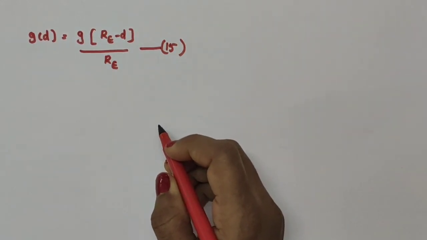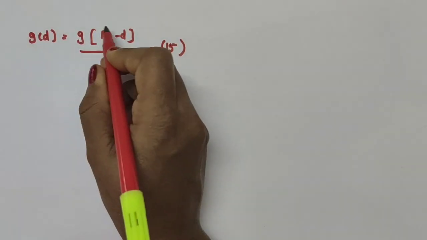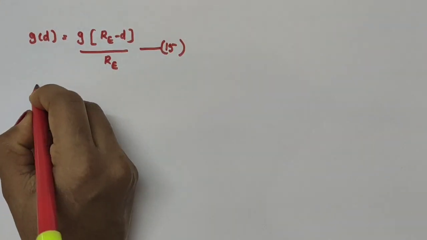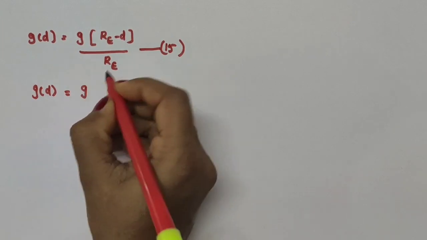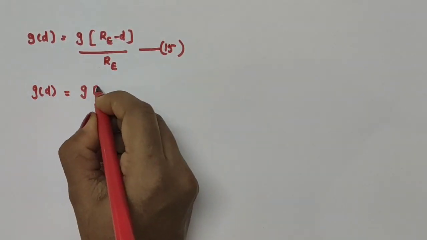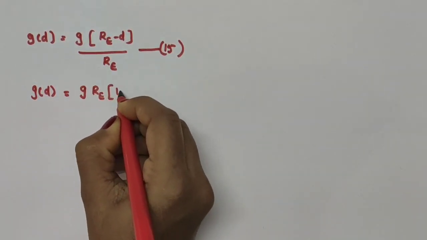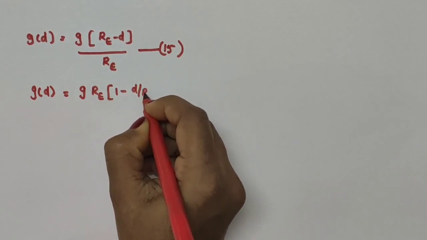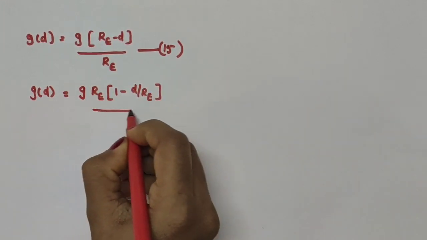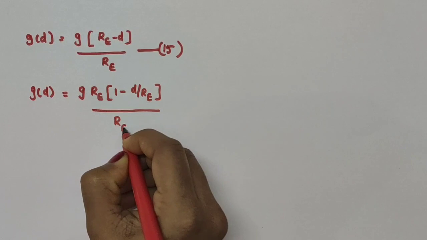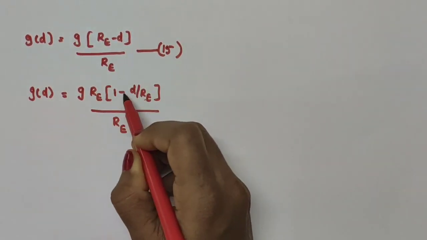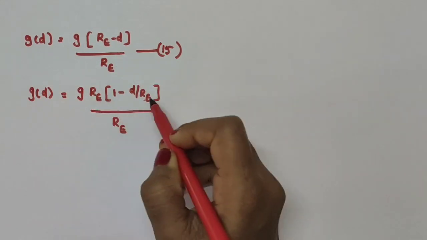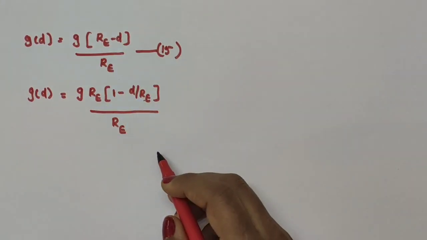Now what I am doing is taking Re outside from this term. So this becomes g of d is equal to g into Re into 1 minus d by Re, divided by Re. Re into 1, and Re into d by Re, minus d will be here.